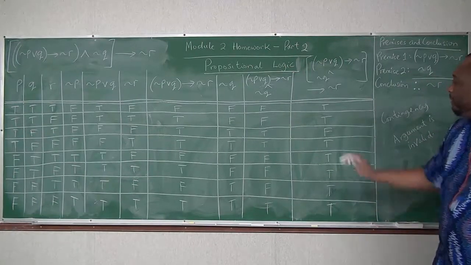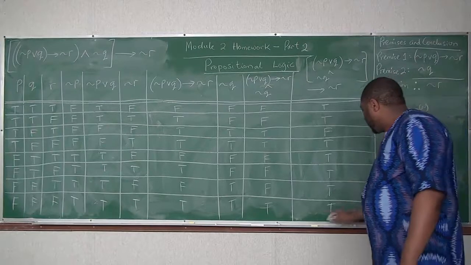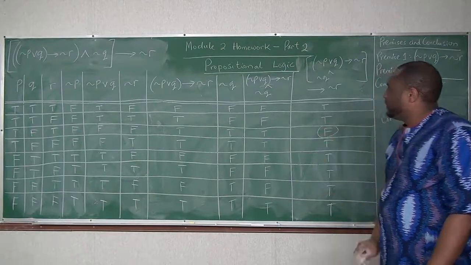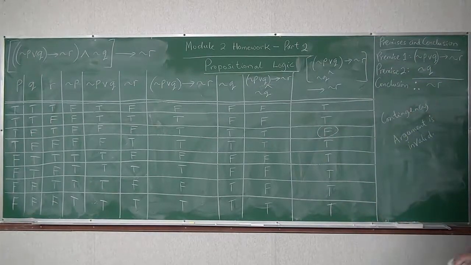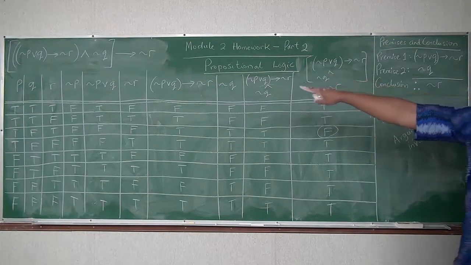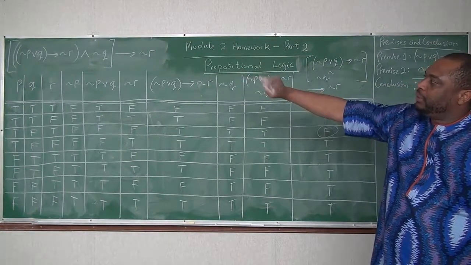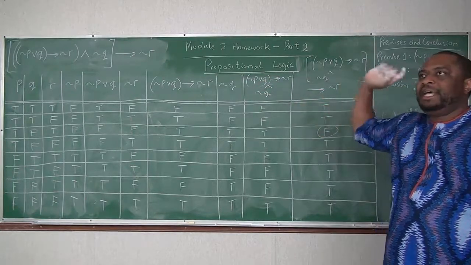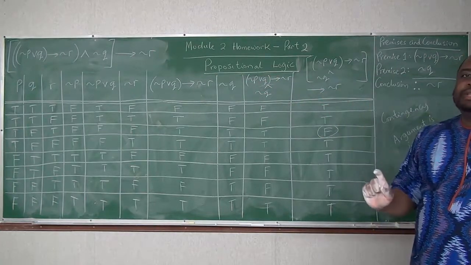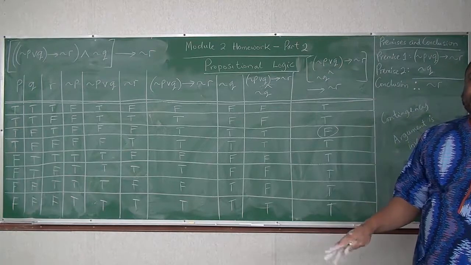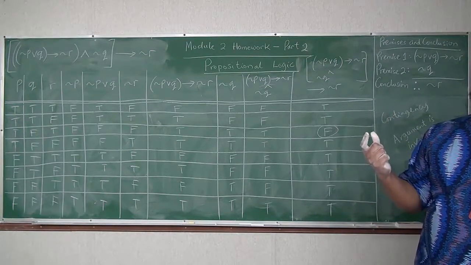Because this is a contingency, just because of this here, it makes this argument invalid. That is the first method, the formula method. Premise 1 and premise 2 implies conclusion. If it is a contingency or a contradiction, the argument is invalid. If it is a tautology, the argument is valid.